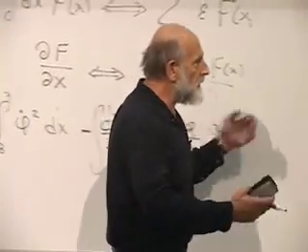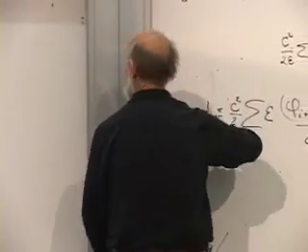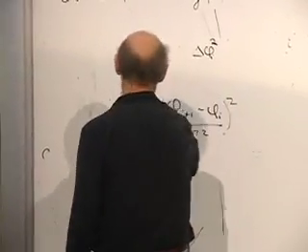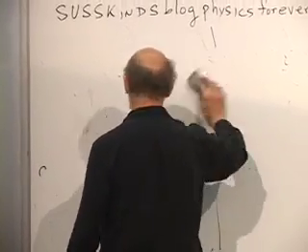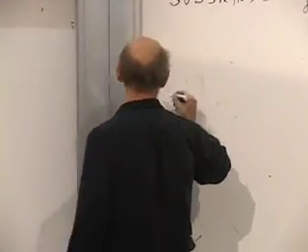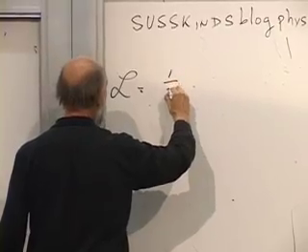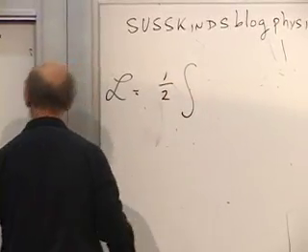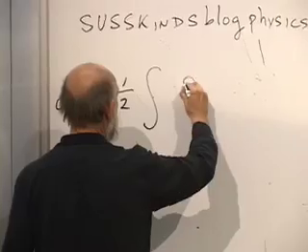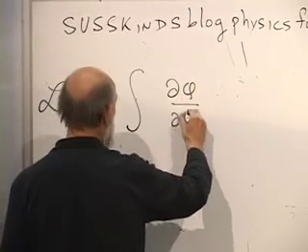Okay, so now I can write down the action. Or rather, I can write down the Lagrangian. The Lagrangian L is 1/2 the integral of d phi by dt squared.